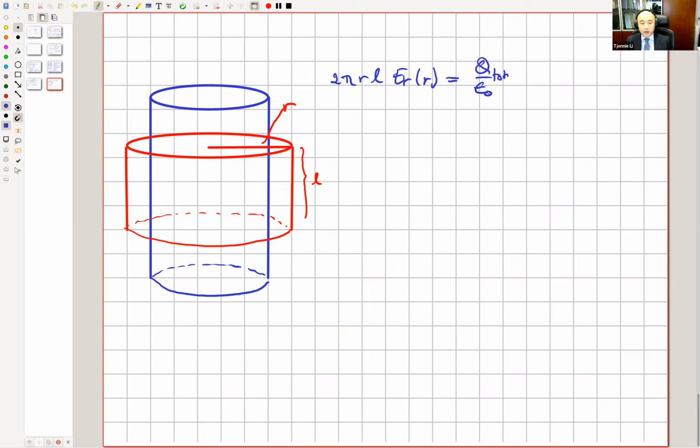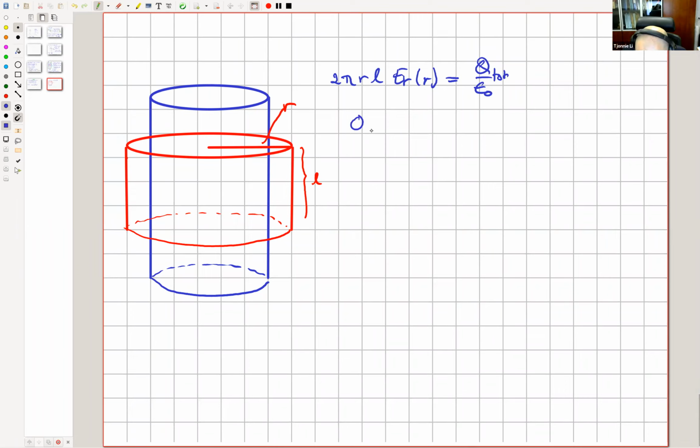Okay. Now in this case, why am I needing to do this? That's purely because I have this E field which is contributed by the total charge.